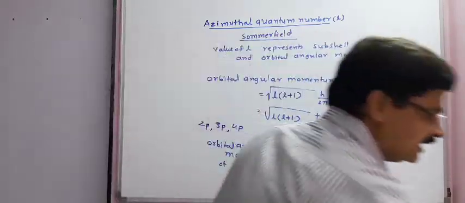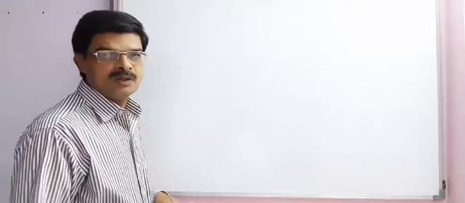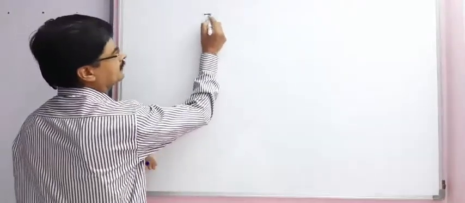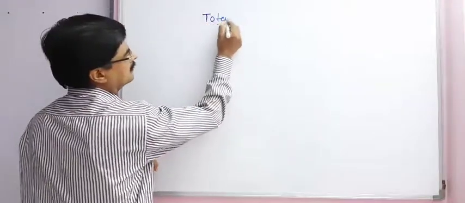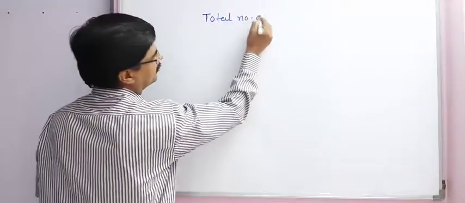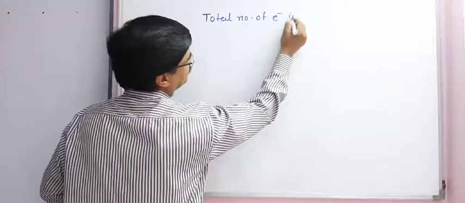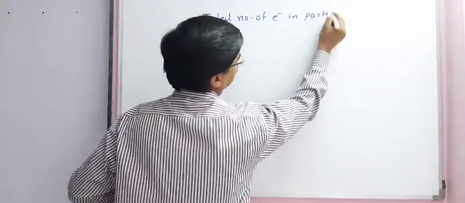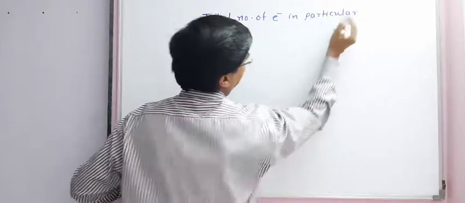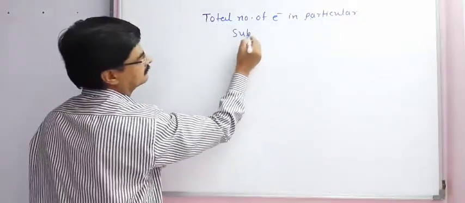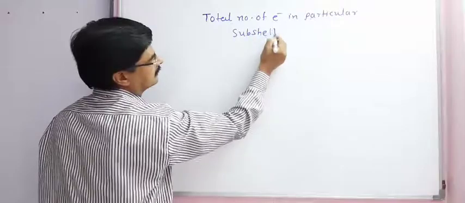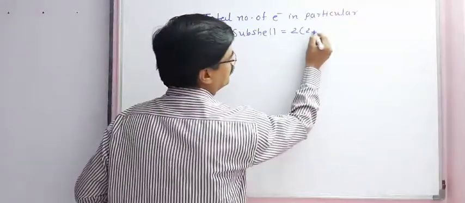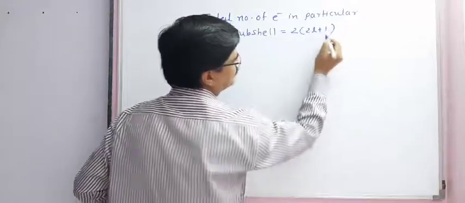Now we have studied that the total number of electrons in a particular subshell is given by the formula 2 into the bracket 2l plus 1.